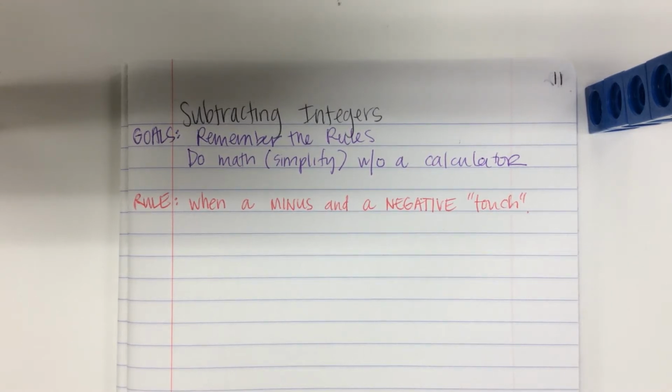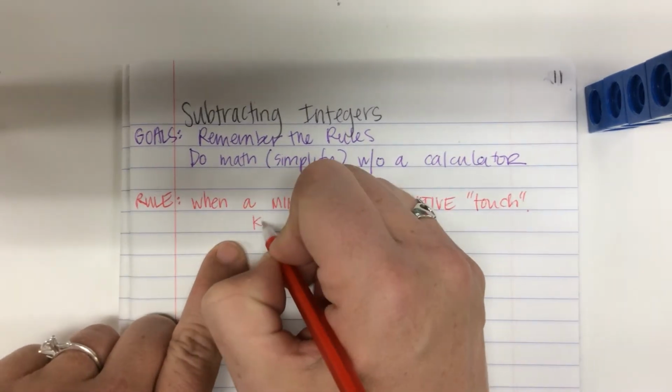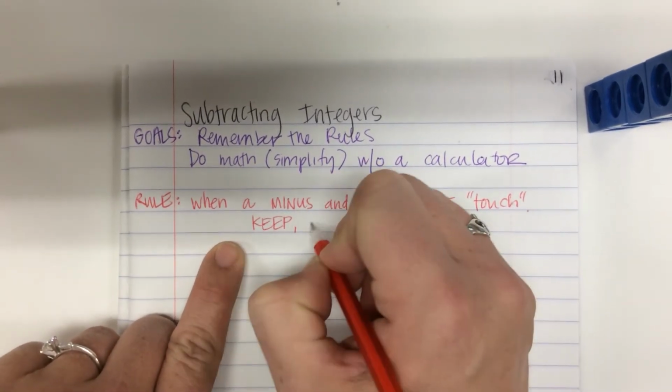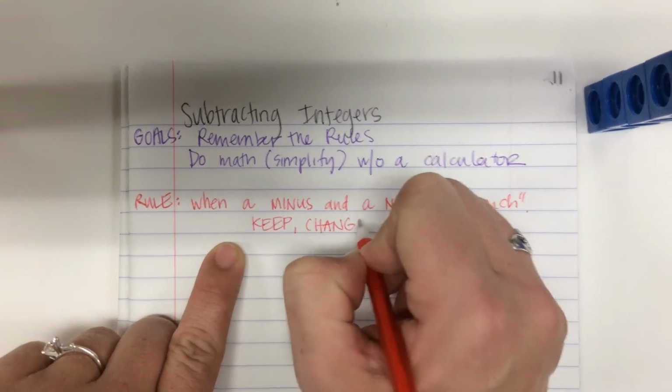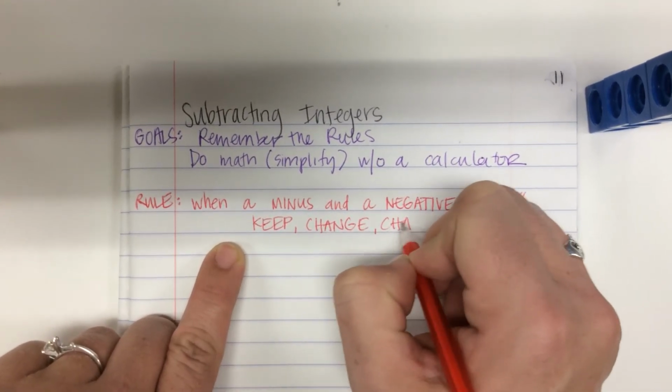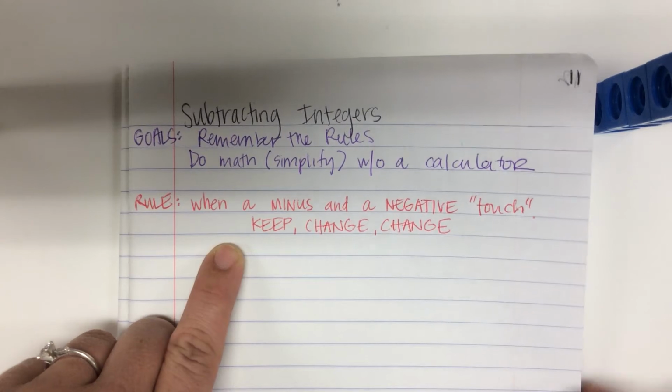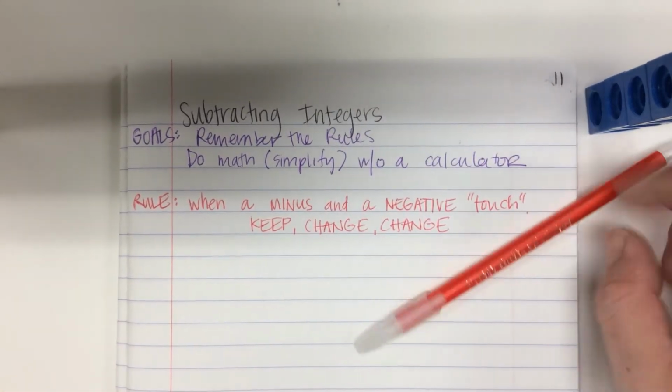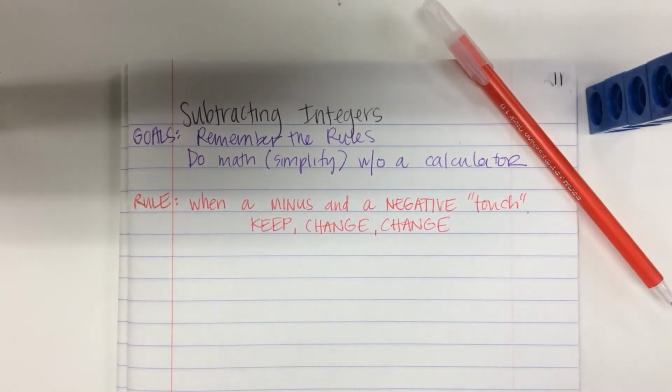When there's a minus and a negative sign right next to each other, there's no number between them. You keep, change, change.